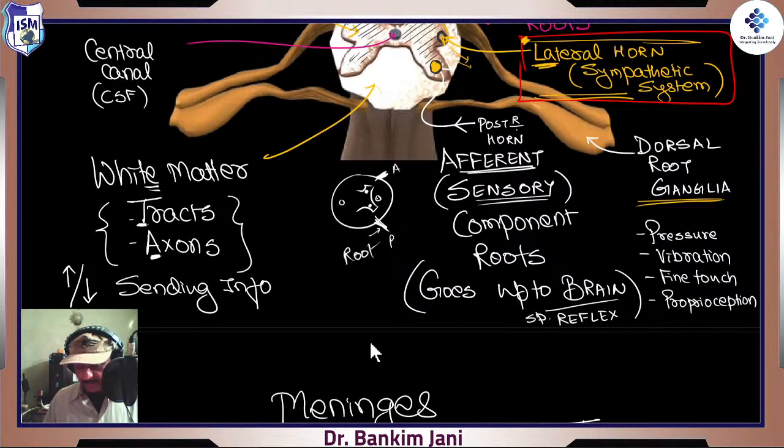Now these roots, afferent, sensory components, then that's the white matter, which is having all tracts and axons, and they are sending information up or down.